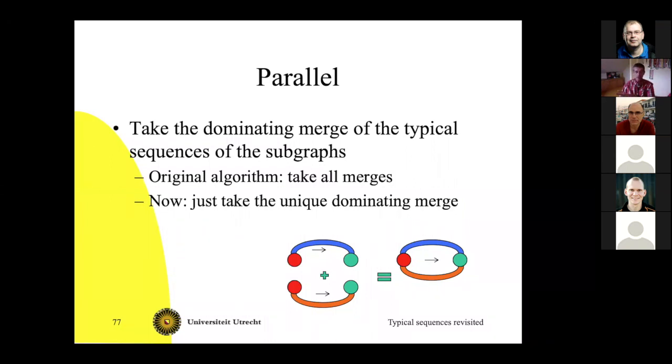So we don't need to take all merges, we only need to take the unique dominating merge. This dominating merge lemma tells us that there is basically only one way of merging these sequences which gives us a guaranteed best solution for anything you want to do later with it. So this is what the algorithm is doing: taking these sequences and then taking the unique dominating merge.